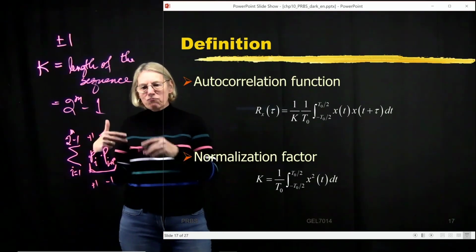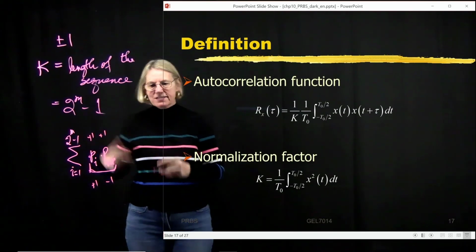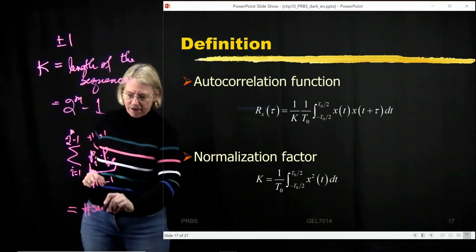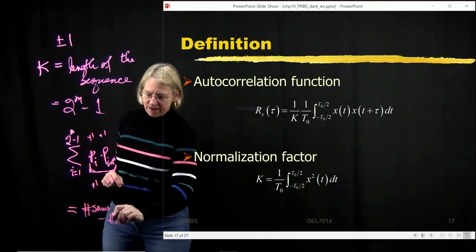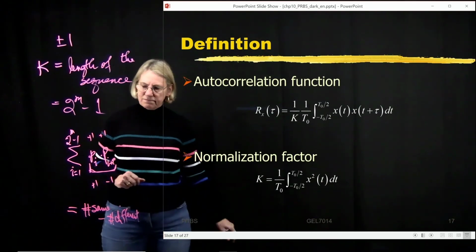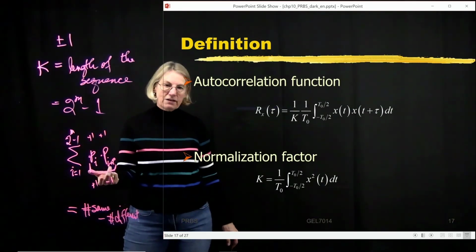And so really, if I want to know the result for the binary, discrete case, it's just going to be the number that are the same minus the number that are different. Because when they're the same, it's going to be 1, and when they're different, it's going to be a minus 1.